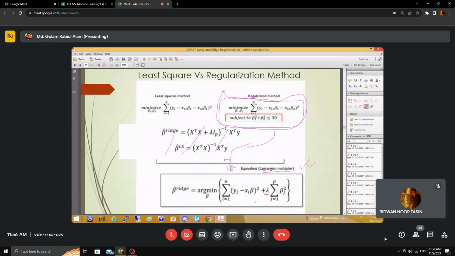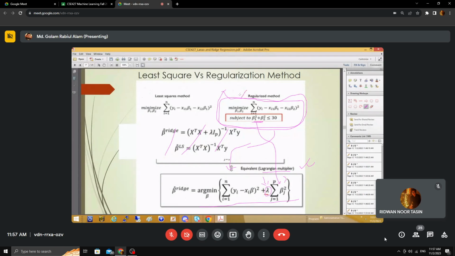And we have already seen this equation. Here is the lambda, and this lambda is the regularization parameter. Actually, we call it the Lagrangian constant. So lambda is a Lagrangian constant, and beta square is the summation of the beta squares.